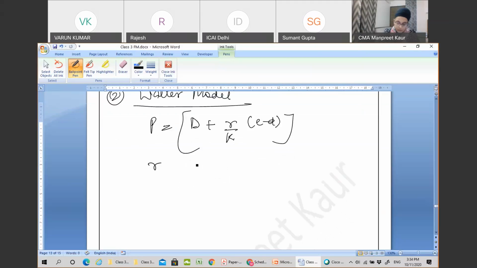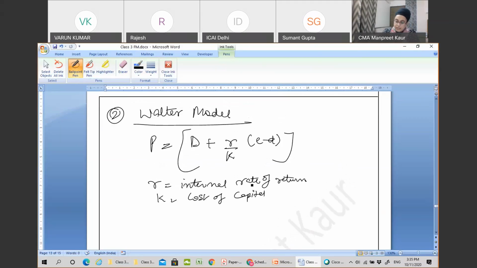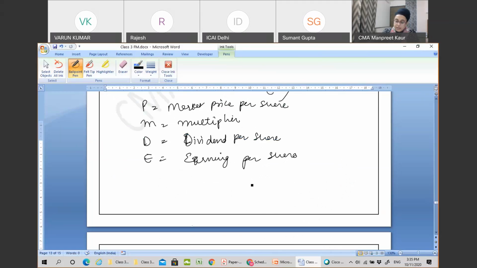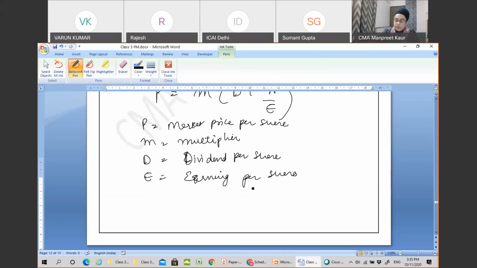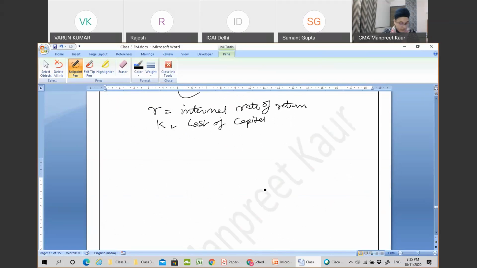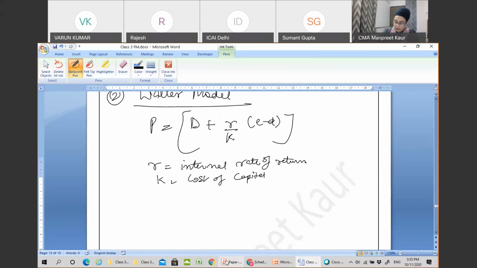R is equal to internal rate of return. K is equal to cost of capital, whereas D is dividend per share, E is earning per share, and P is market price per share. This is the Walter model.